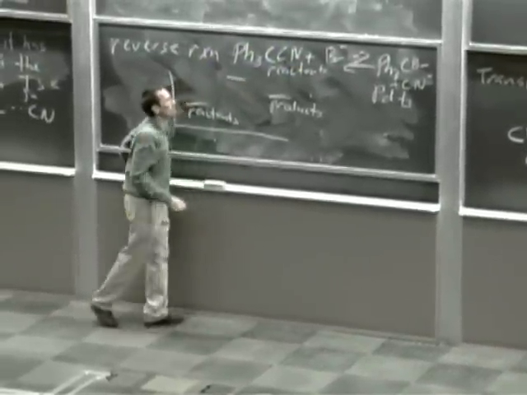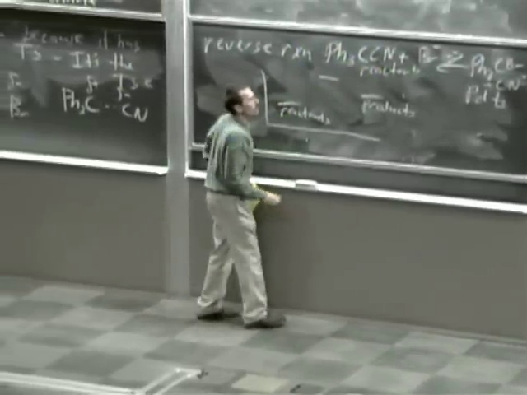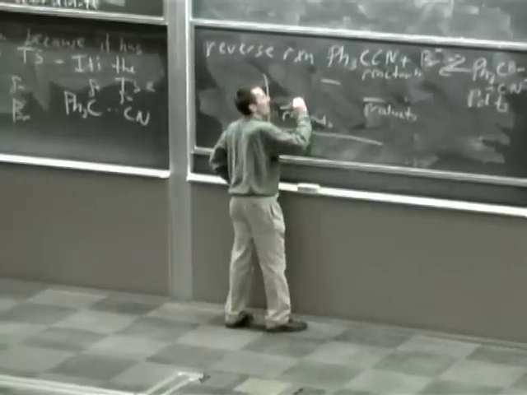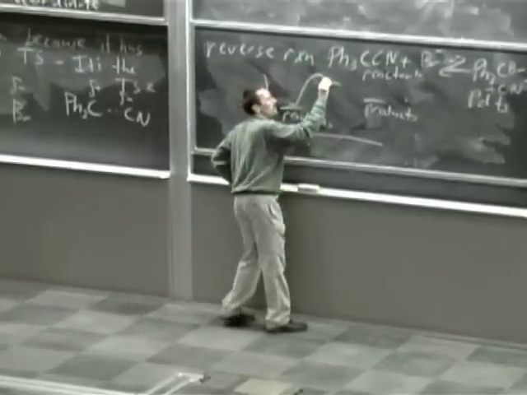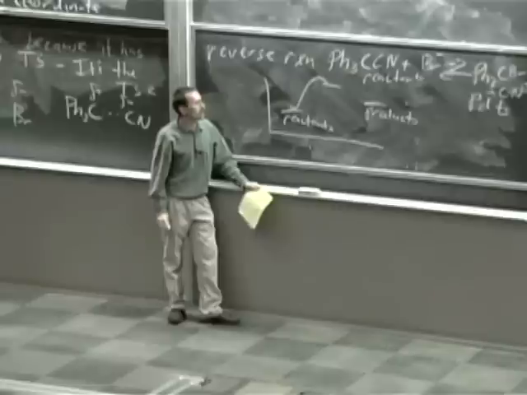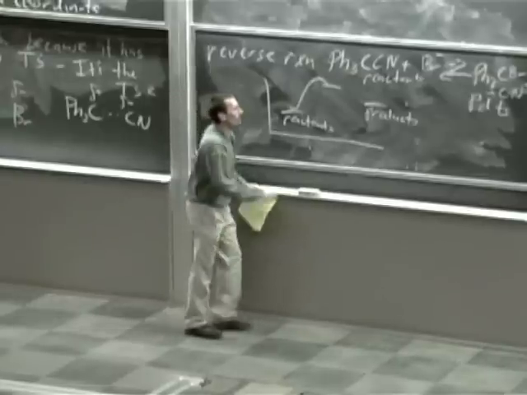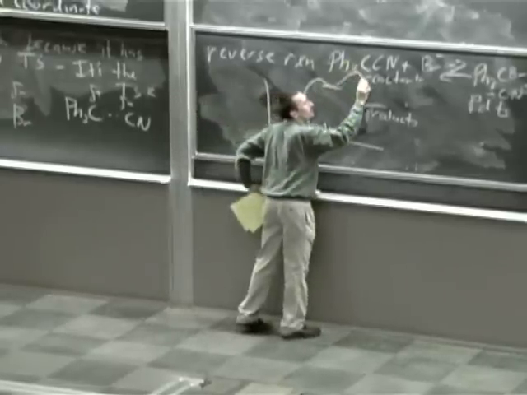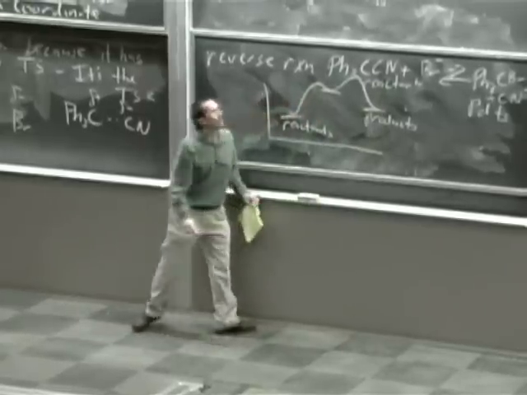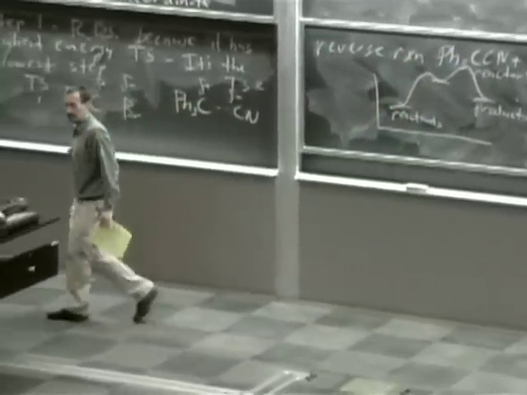It's higher in energy. And now, this reaction has a lower energy barrier, a lower transition state for the first step than it does for the second.